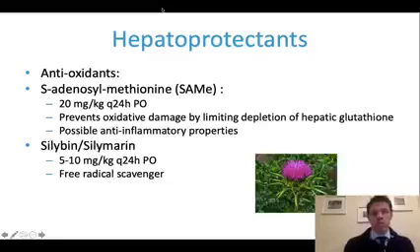So I mentioned some of the hepatotoxins, things that can damage the liver, and it's worth mentioning we can actually try and protect it as well. And this may be done using certain antioxidants.